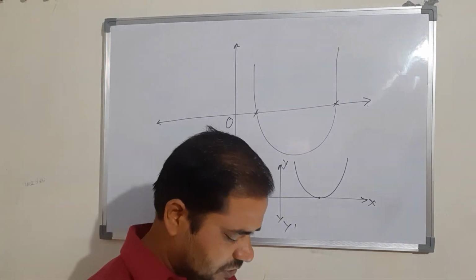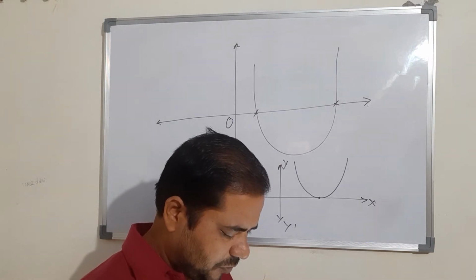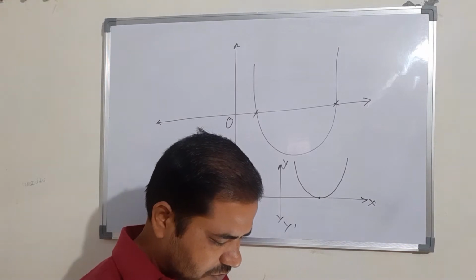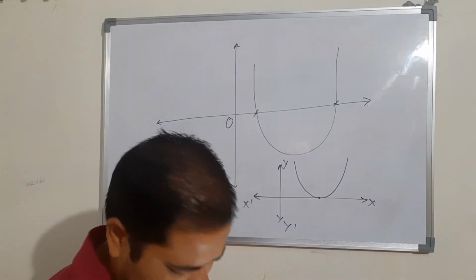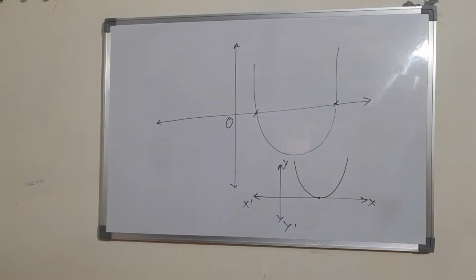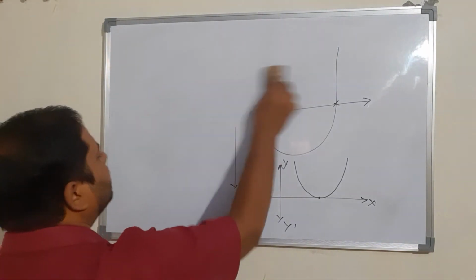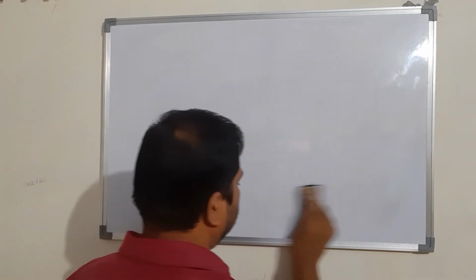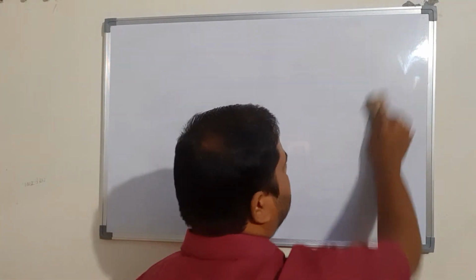relation between the zeros and coefficients of a polynomial. So see, first of all, we understand what a coefficient is and what the zeros are.